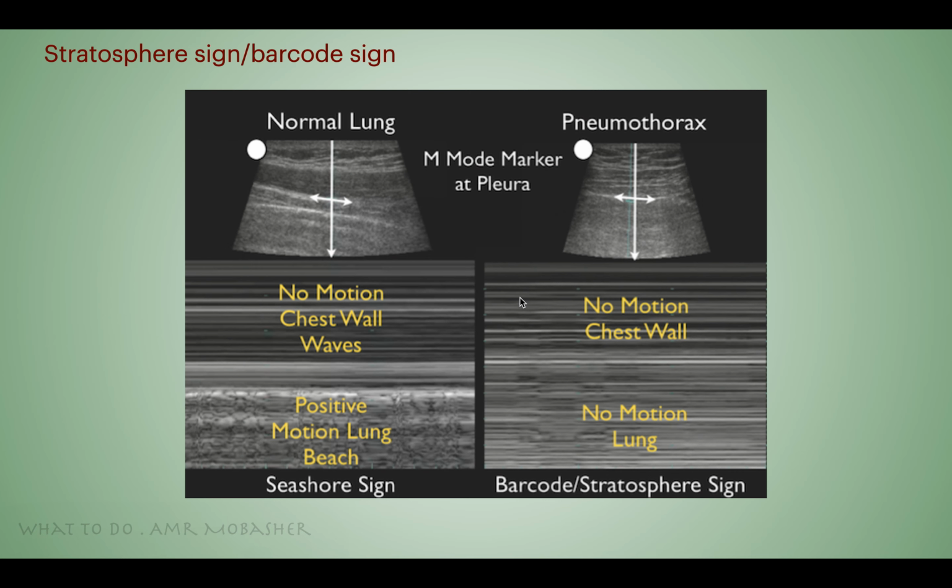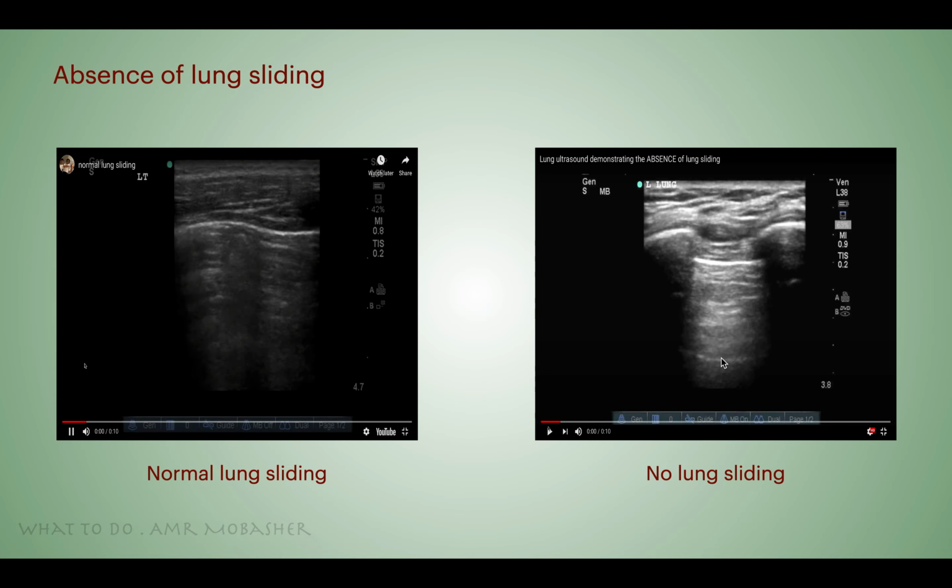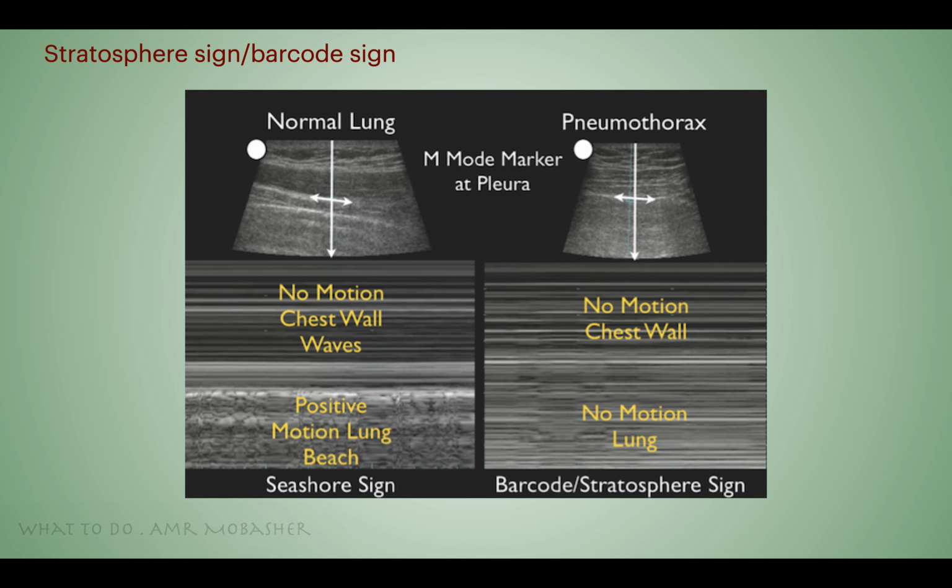It's called barcode sign or stratosphere sign. This is a confirmatory sign for pneumothorax. So simply, if you are confused about whether there is lung sliding or not, bring the cursor, do M mode, and if you find stratosphere or barcode sign, that's it. This is pneumothorax. So we can diagnose it within 10 seconds, 20 seconds. Very quick, very easy.